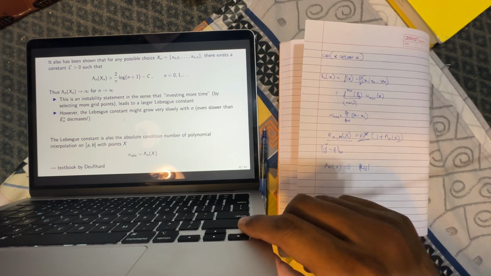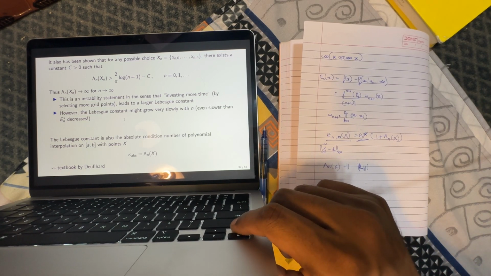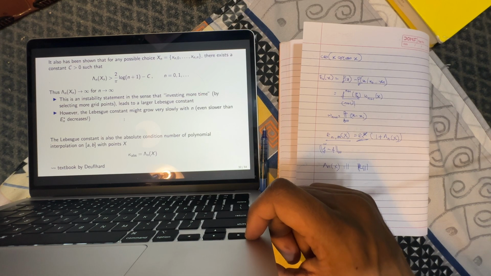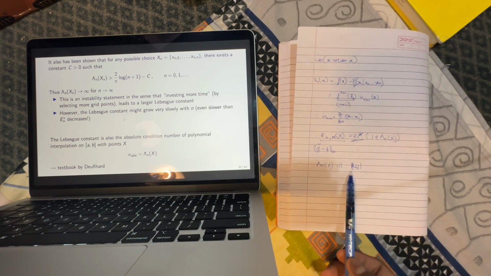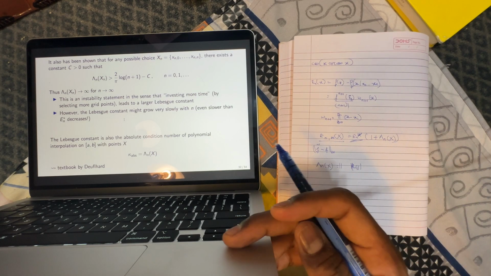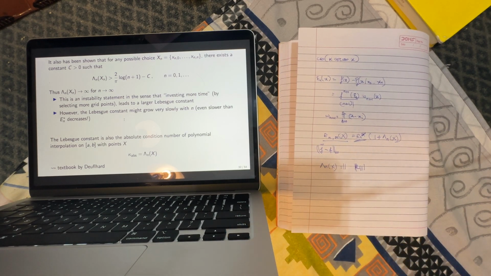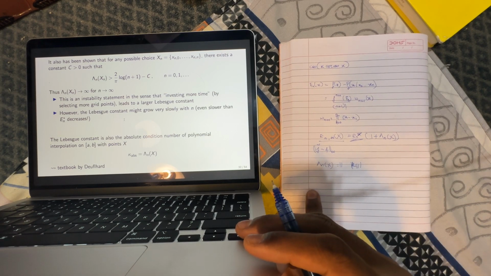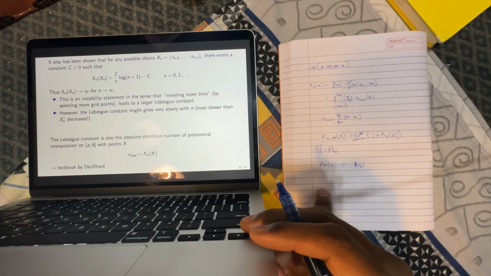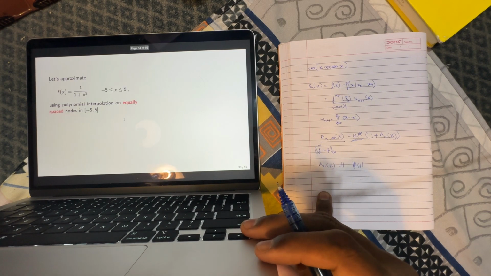That's my question. The Lebesgue constant is also the absolute condition number. The Lebesgue constant increases with n going to infinity, and it depends on the Lagrange polynomials of the chosen points of interpolation.